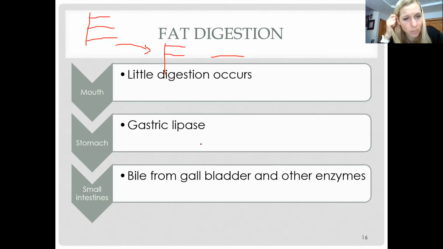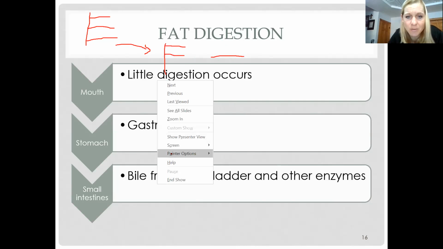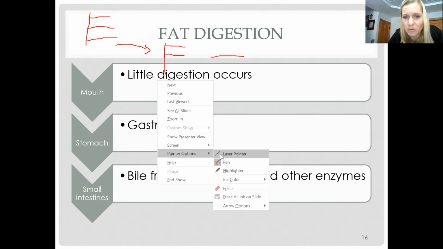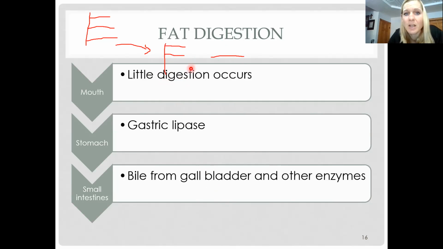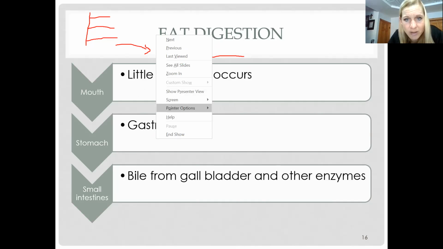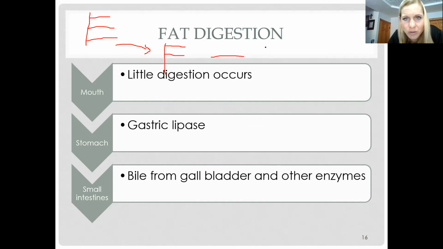Then I'm going to move into the small intestine and release bile, and bile is going to help me break down those fatty acids even further. So now I've got mostly just free fatty acids floating around. Let me draw you a lovely picture again.